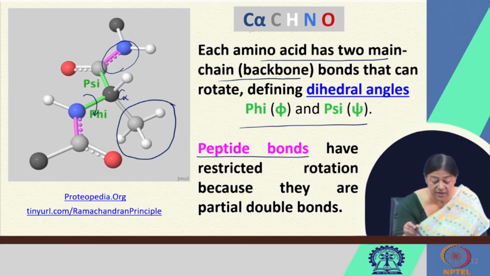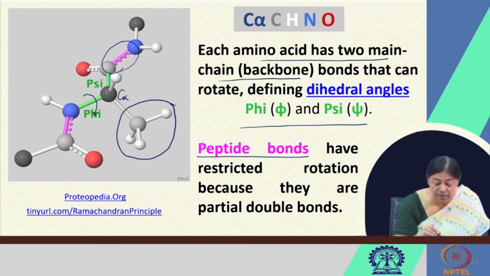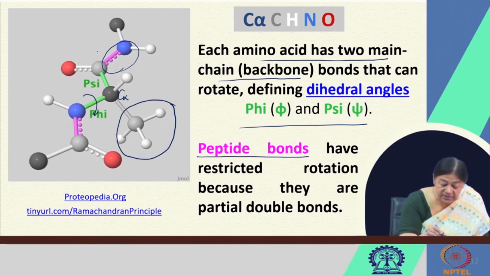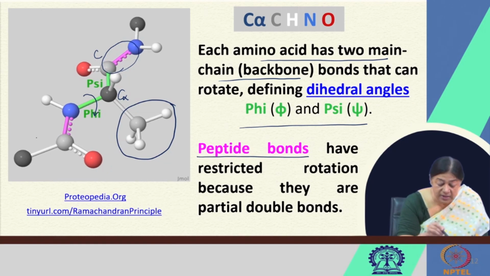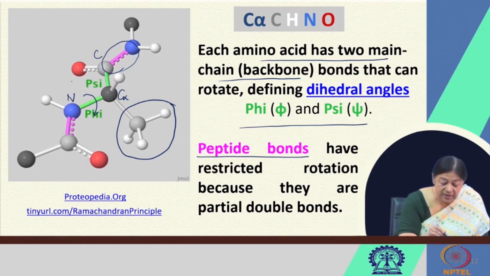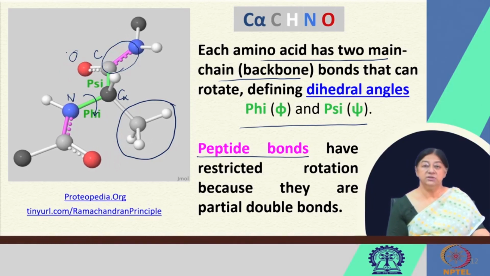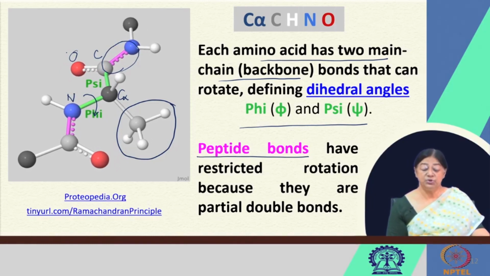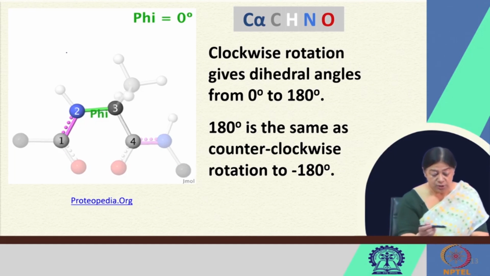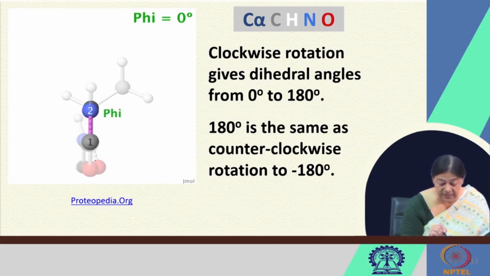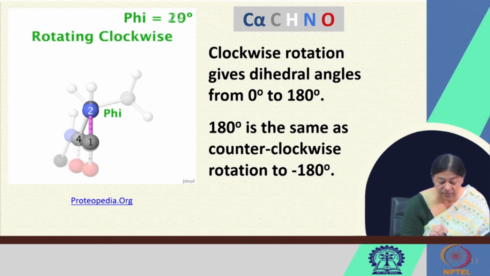What we have here is the C alpha carbon, this is the C double bond O here, this is the nitrogen and this is the oxygen. So, this is what is important in understanding the protein geometry. When we look at the phi angle, we will see that this is what the dihedral looks like.